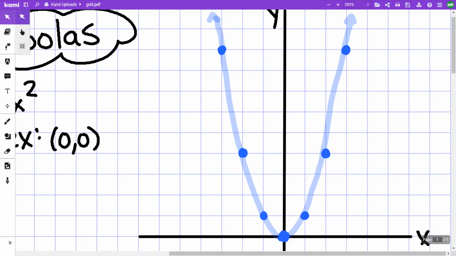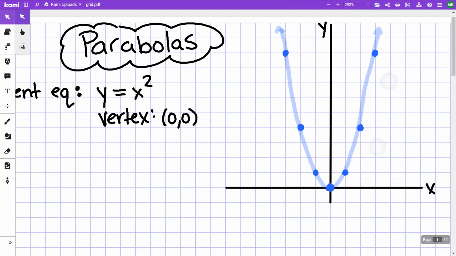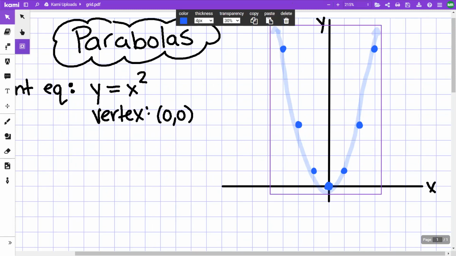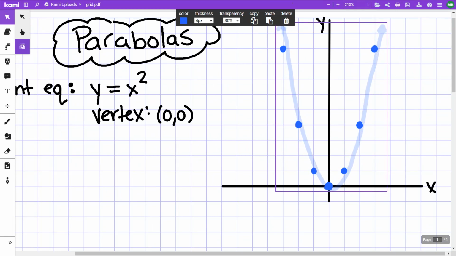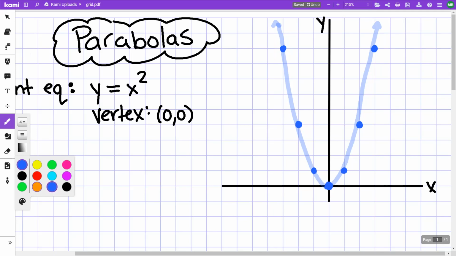Now, when I am graphing a parabola, what's going to happen, and I'm just going to grab this for a second. You guys obviously can't do this on your paper, but I'm just going to grab this. And what happens is it's the same parabola, but let's say, I'm going to jot this down for a second. You don't need to write when I'm writing.